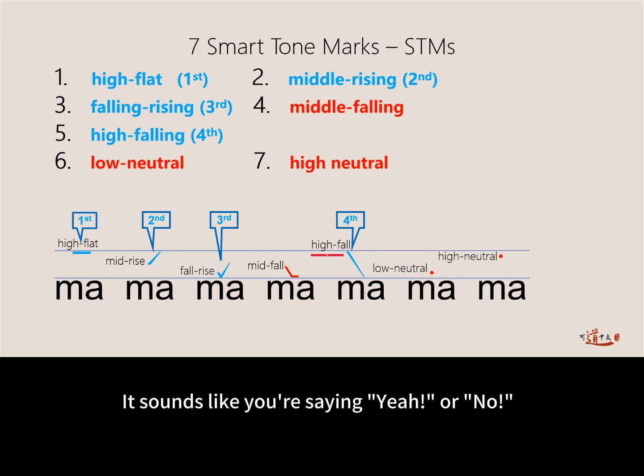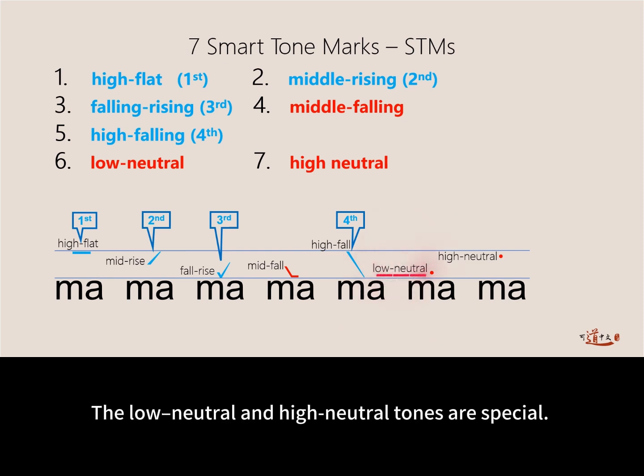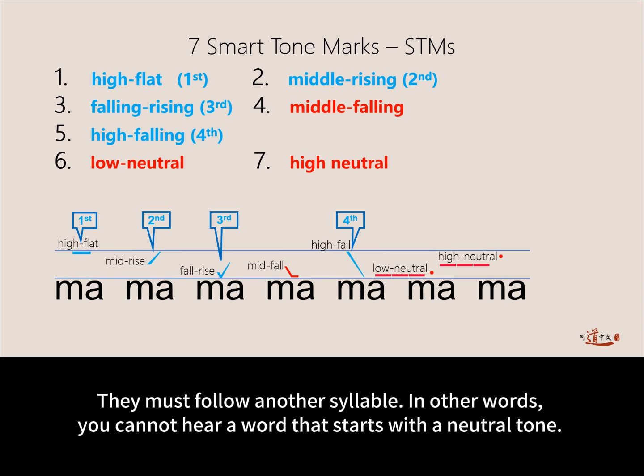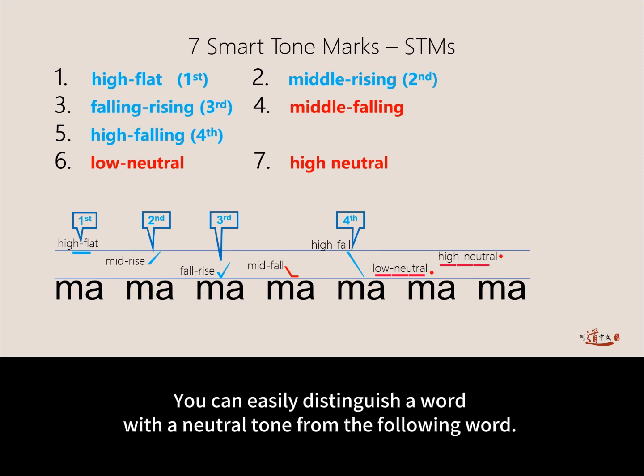yeah, or no. The neutral tones, the low neutral tone and the high neutral tone, are very special. They must follow another syllable. In other words, you cannot hear a word that starts with a neutral tone, and you can easily distinguish a word with a neutral tone from the following word.